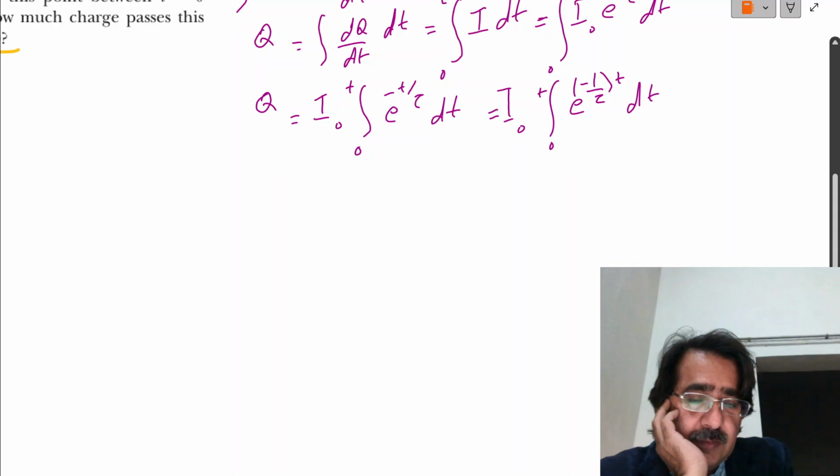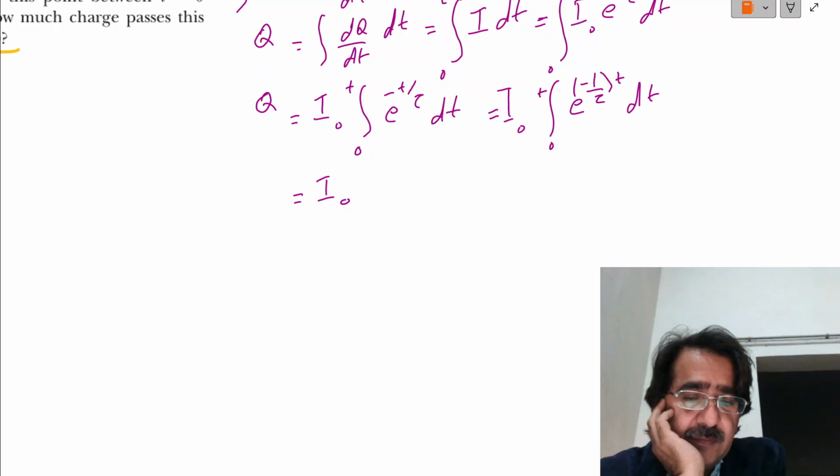We know that the integration of an exponential is the same exponential, and we have to divide by the derivative of the exponent.